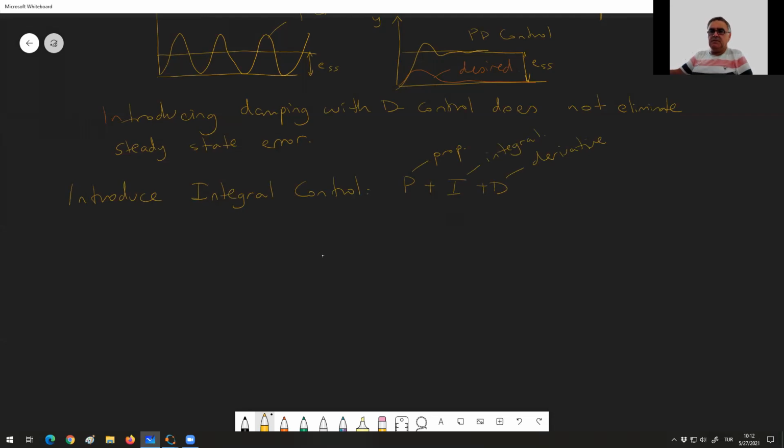The controller now is the following. The proportional term, just a single. The integral term, Ki over S. Over S means an integration. Plus Kd times S. So this is P, this is I, and this is the D term.